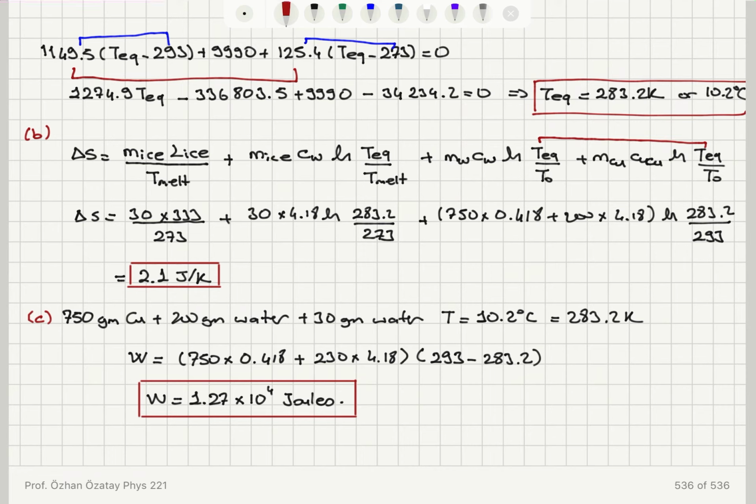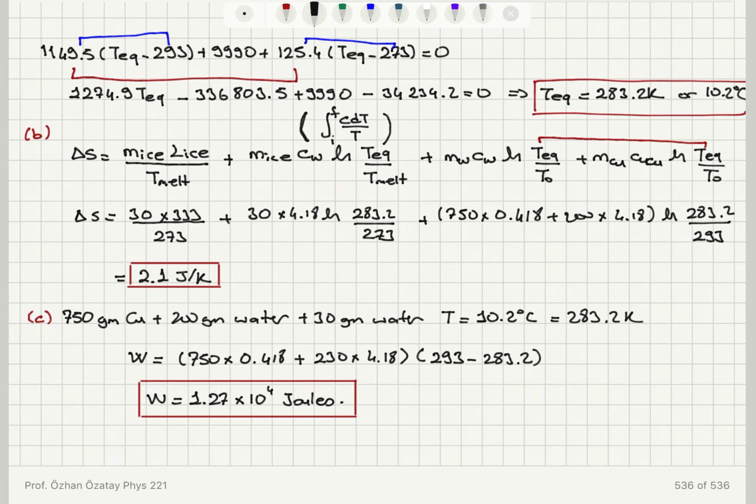And once it melts, it's in the water state, m ice times specific heat of water. Now the temperature is changing, so remember the entropy change is an integral. So this came from, just a reminder, the integral of c dT over T between initial and final states. So that's what the entropy change is. So that gives me natural logarithm T equilibrium divided by T melting point.